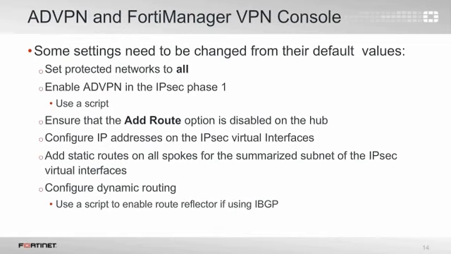Configure IP addresses on the IPsec virtual interfaces. Add a summarized static route on all spokes for the IPsec virtual interfaces, and configure dynamic routing. If you are using internal BGP, use a script to enable route reflector on the hub.